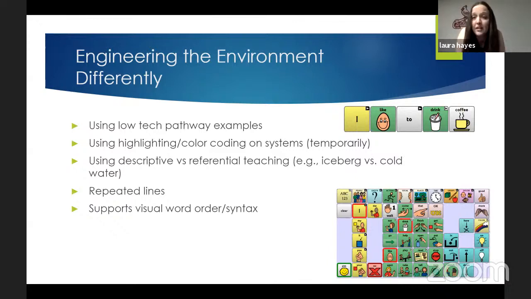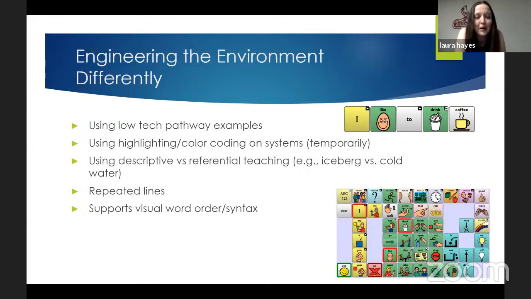So when you're providing students opportunities at this level, you want to leave it open-ended and give them the ability to describe what they're talking about, versus close-ended one-time responses that are very limited in scope. Think iceberg versus cold water, hot drink versus Starbucks soy latte.